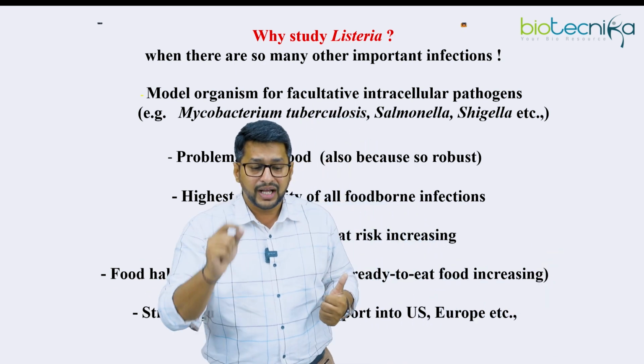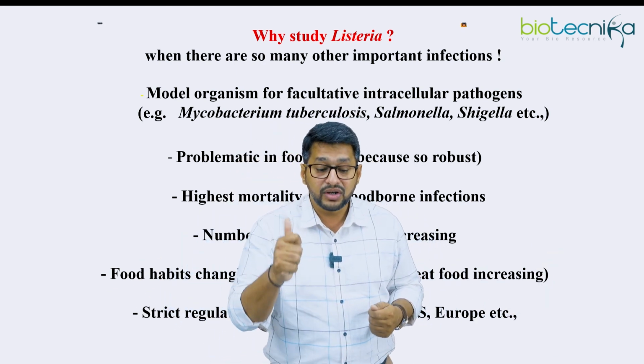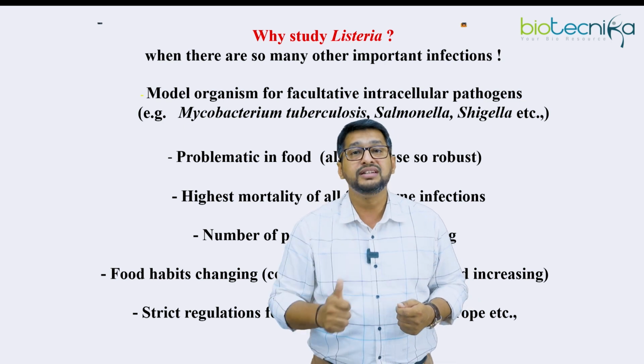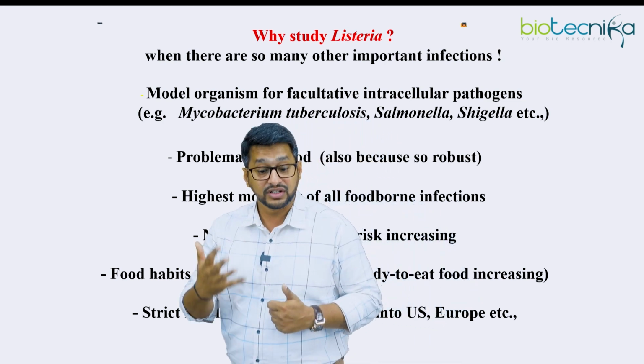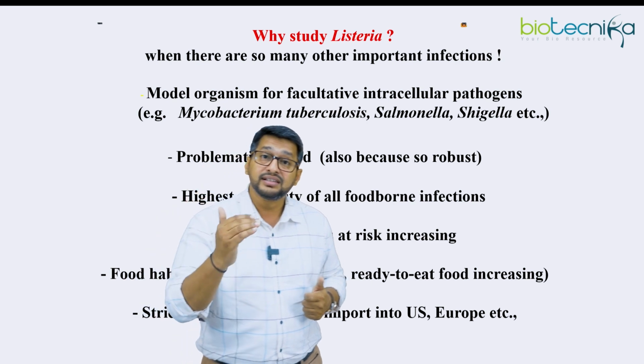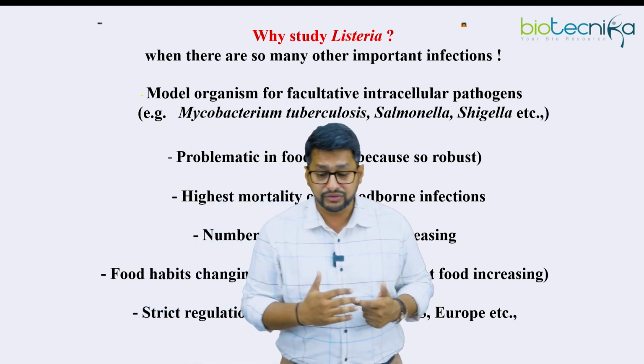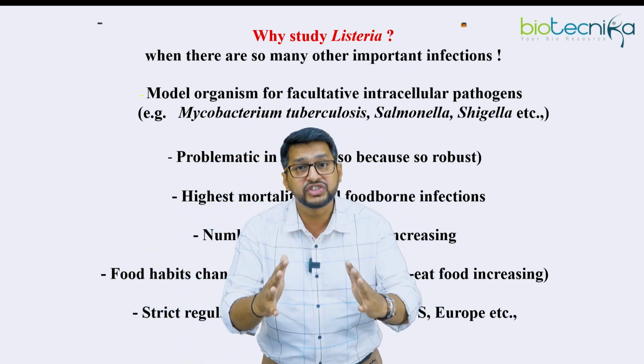So why am I selecting Listeria? Because Listeria is the model organism for facultative intracellular pathogens. It is a major problem in most of the food industry, and it has the highest motility rate.